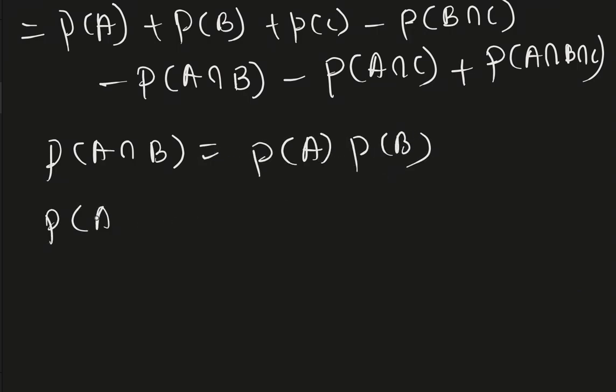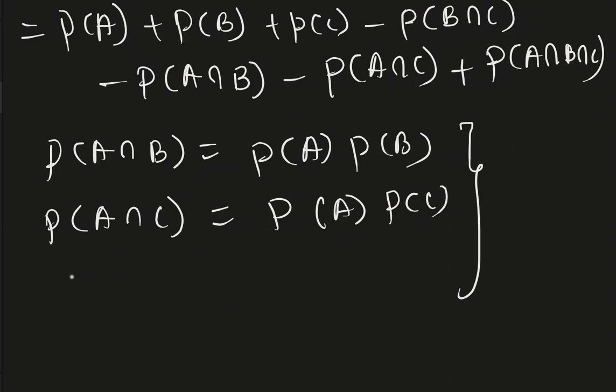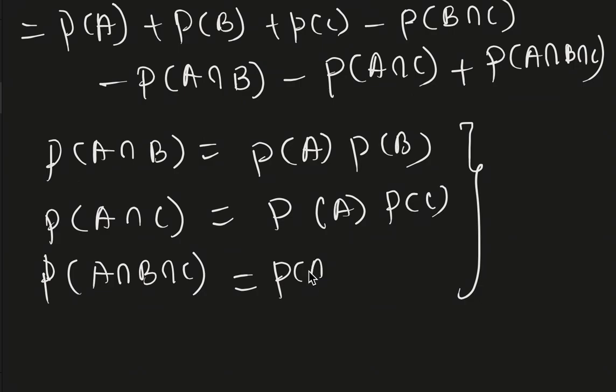Only P(A intersection C), we can write P(A)P(C). And another thing, P of A intersection B intersection C, we can write it as P(A)P(B)P(C), right?